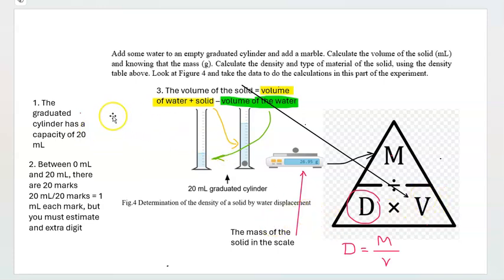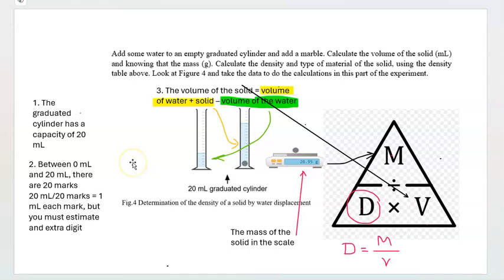So let's see how to read the volume. Look here at number 1. The graduated cylinder has a capacity of 20 milliliters, but between 0 and 10 milliliters you have 10 marks. Sorry, 20 marks. So 20 milliliters divided by 20 marks, every mark represents 1 milliliter. Then you come here and you say the liquid has 1, 2, 3, 4, 5 milliliters.